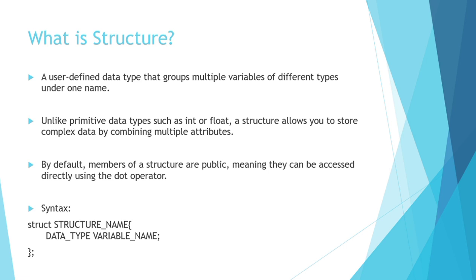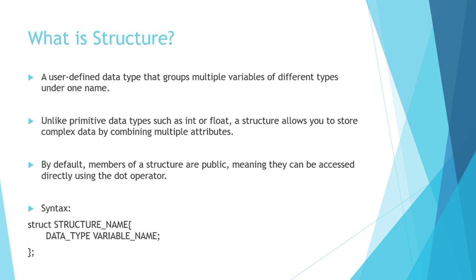This is particularly useful when dealing with records, database entries, or objects with multiple characteristics. For example, in a student management system, instead of using multiple separate variables to store student details, a structure can hold all related information together, making the code more readable and maintainable.